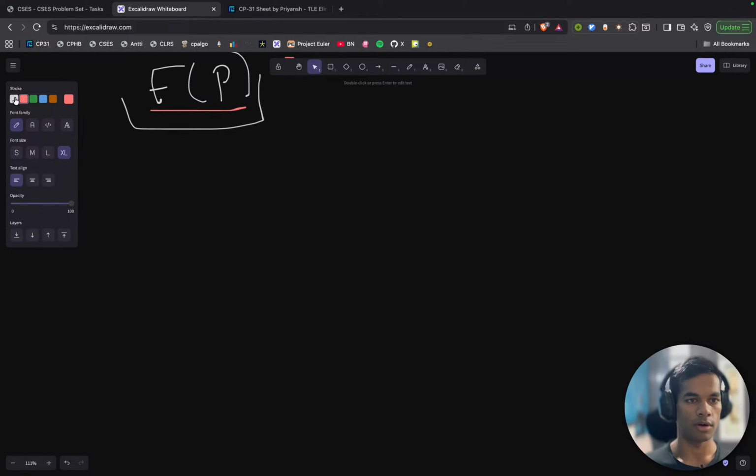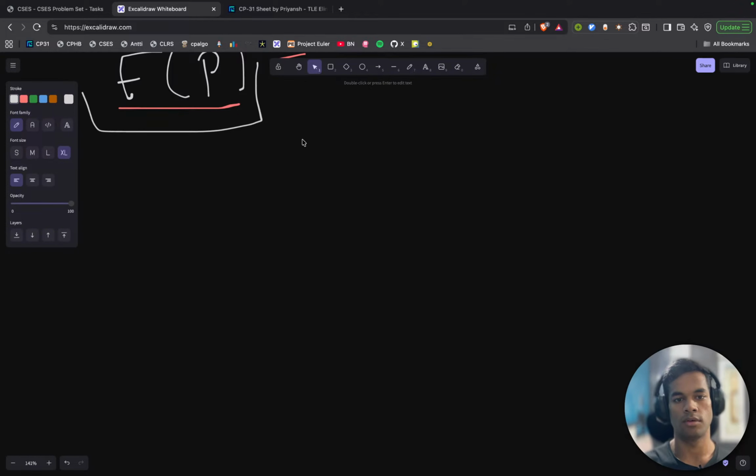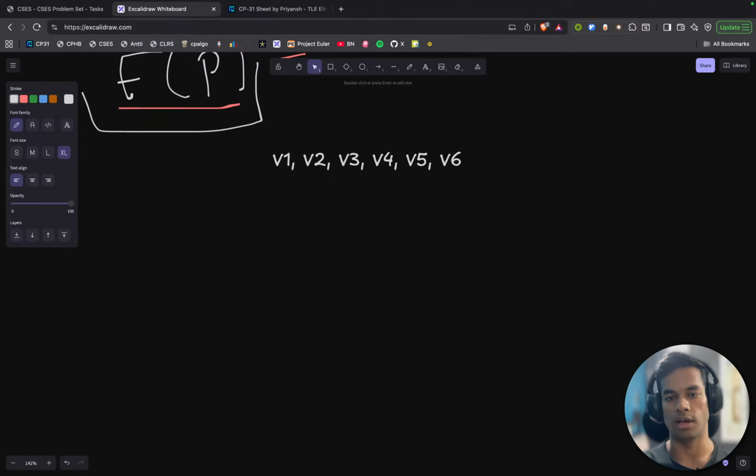Let's say you have a bunch of values v1, v2, v3, v4, v5, v6, and so on. And then you also have a bunch of probabilities which are associated with those values, p1, p2, p3, p4, p5, p6, and so on.